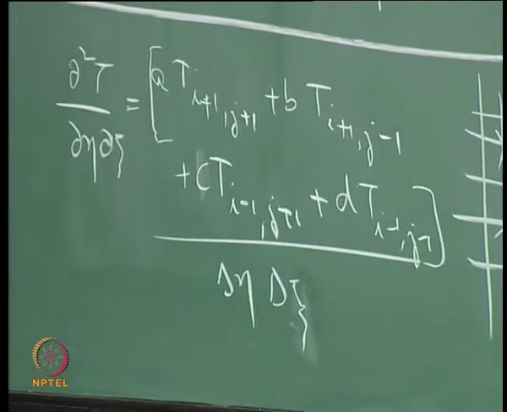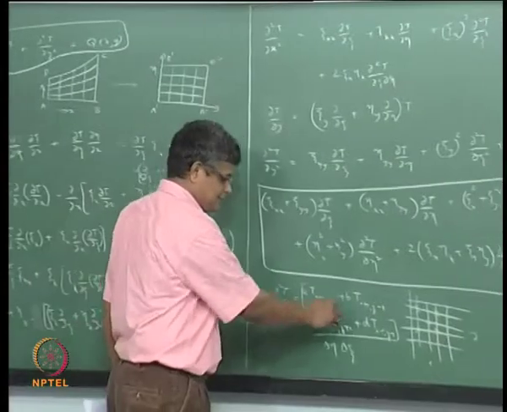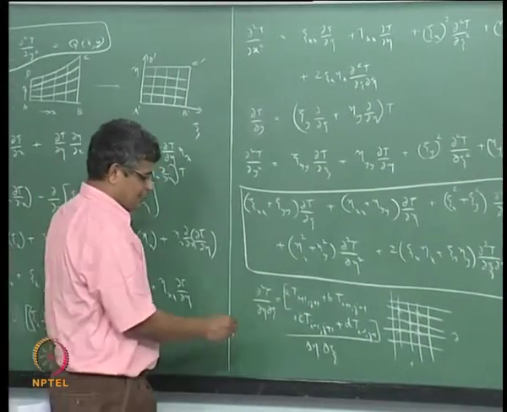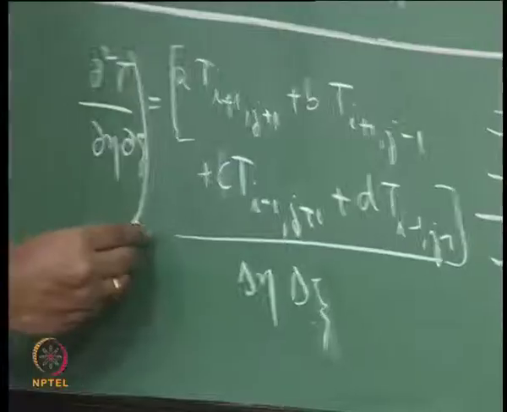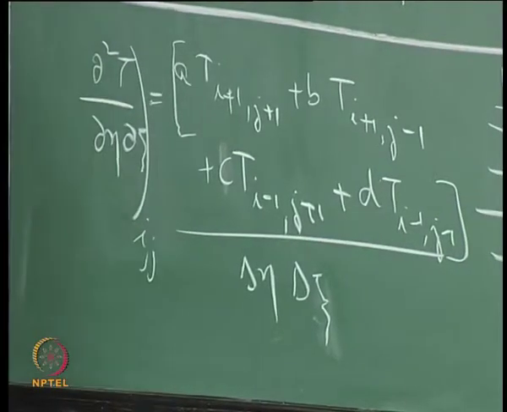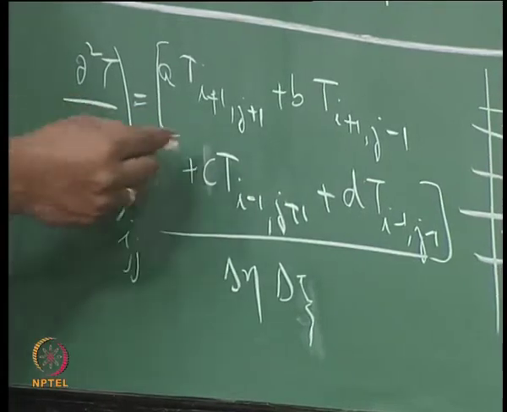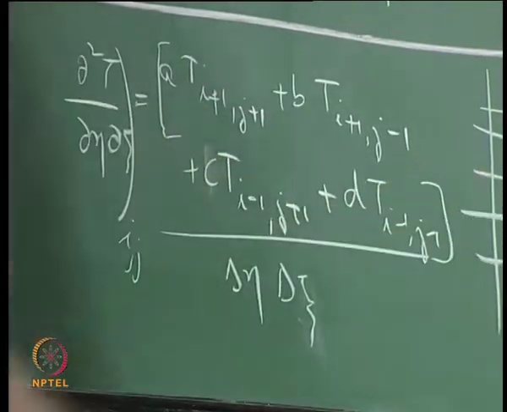This sort of approximation will come, where a, b, c, d are some numerical coefficients, and especially what is important is that this discretization around point ij does not have any contribution from T(i, j).